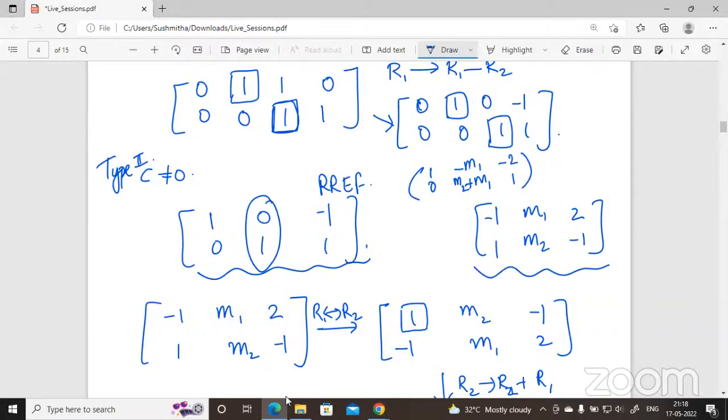Okay. In this case, you're not getting it because this entry is -2. Won't we subtract? Is it? Okay, I directly did something. Okay. So this is m2 minus 1. Okay, now I will subtract 1 minus 2, 1 minus 1, m2 plus m1.